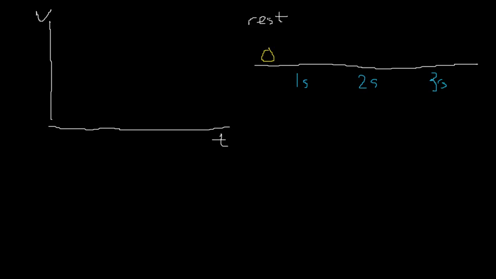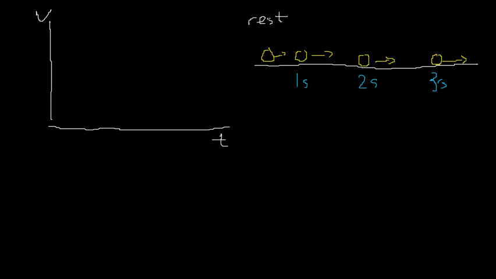Now let's say the ball moves to here after 1 second. From here it goes to here, and then it goes faster and covers more distance, and then it goes even faster and comes here after 3 seconds.